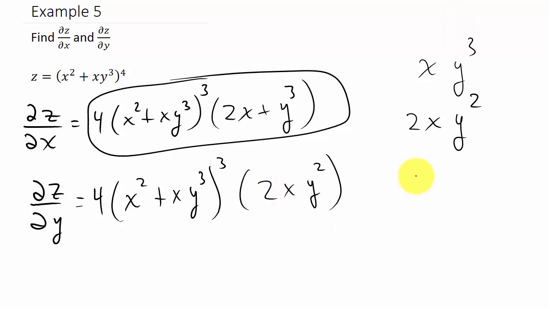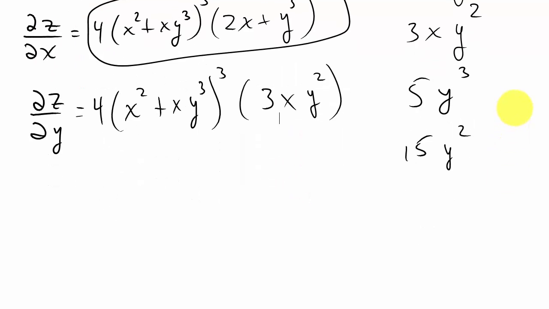That would be the same thing if we had 5y cubed and we were taking the derivative of this with respect to y. Well, the 3 comes down. What's 3 times 5? 15y squared. Same thing. Well, I'm sorry. Look at what I did. That should be a 3. Bring the 3 down. 3 times x is 3x. Got a little ahead of myself there, I guess. Okay, so we get 3xy squared.